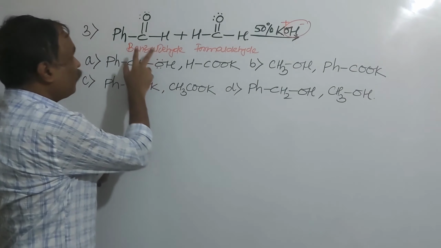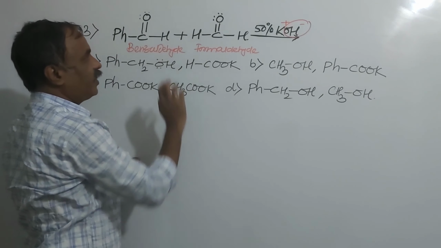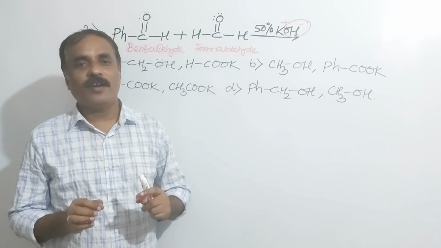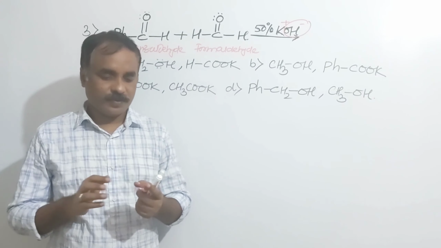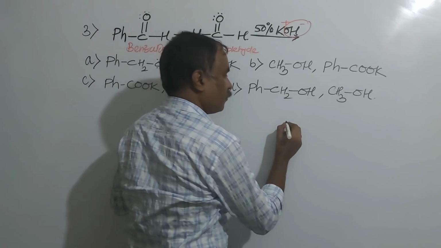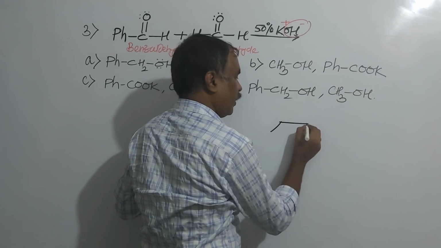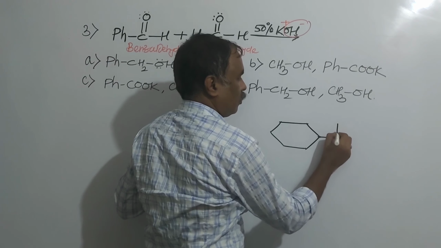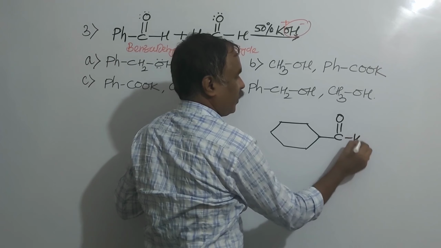If we compare the reactivity of benzaldehyde and formaldehyde, we know that aliphatic aldehydes are more reactive than aromatic aldehydes. This is the structure of benzaldehyde.